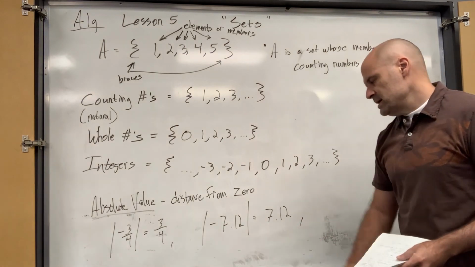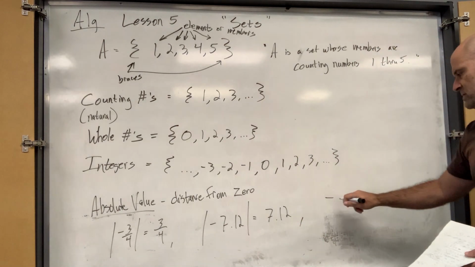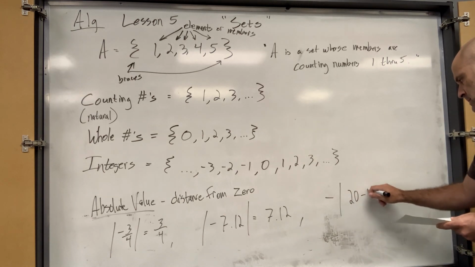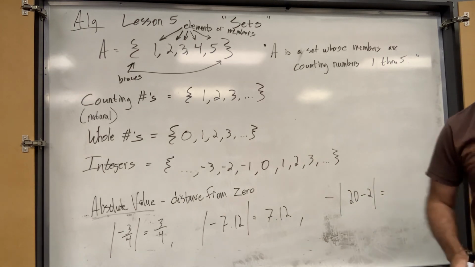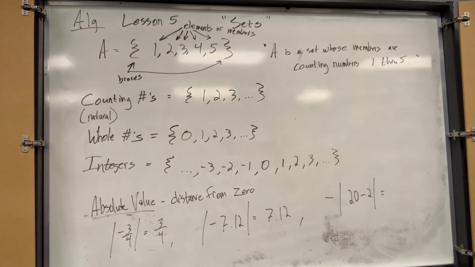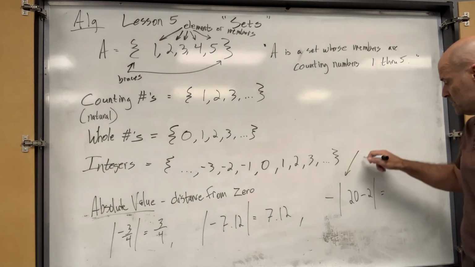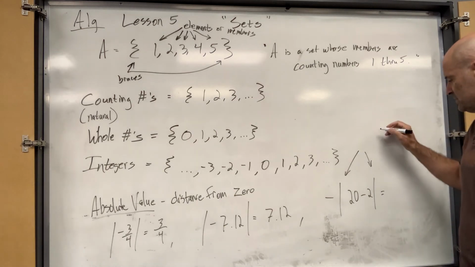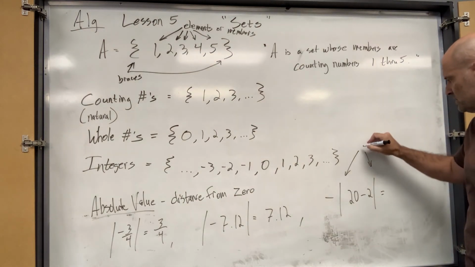Okay? It gets trickier when you throw a negative sign in front of the absolute value. Well, you have to do the absolute value first and then the negatives, because absolute value symbols are a type of what we would call parentheses or symbols of inclusion.